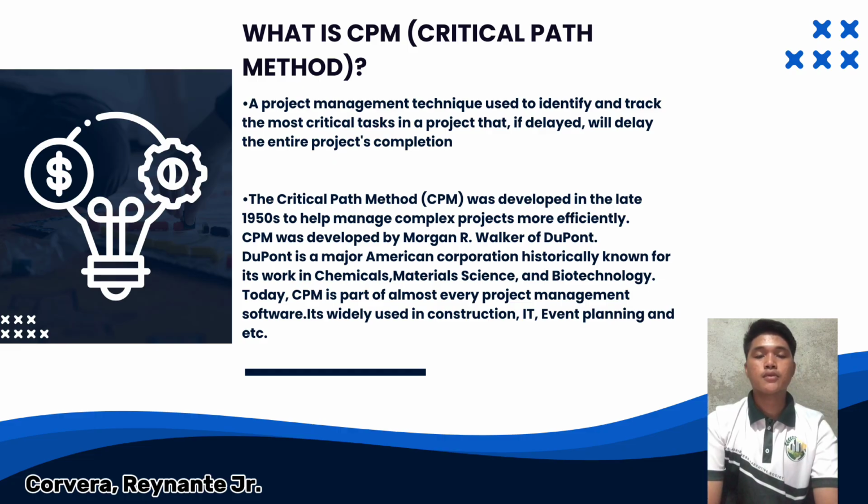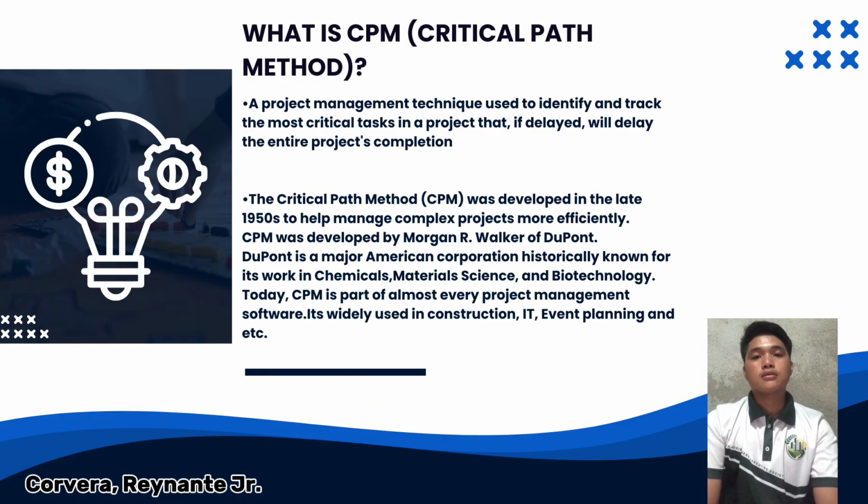History and development of the critical path method. The critical path method, or CPM, was developed in the late 1950s to help manage complex projects more efficiently. In 1956 to 1957, CPM was developed by Morgan R. Walker of DuPont.